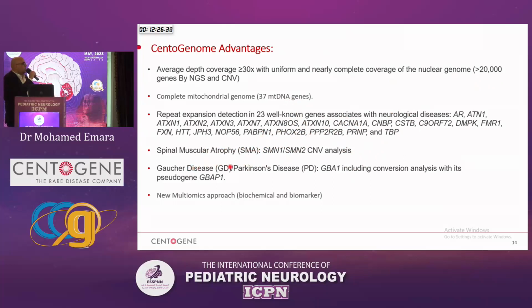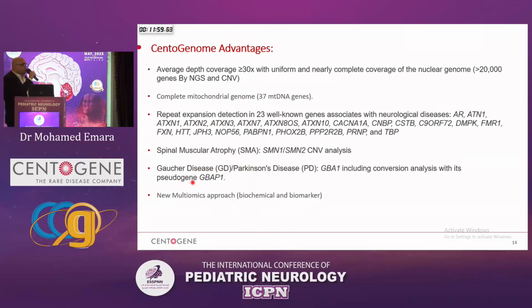Also, the GBA1 inversion, the gene is a predisposing gene for Parkinsonism and for Gaucher, is included in the new whole genome. So our new whole genome can include all these new technologies, which cannot be covered by NGS alone.